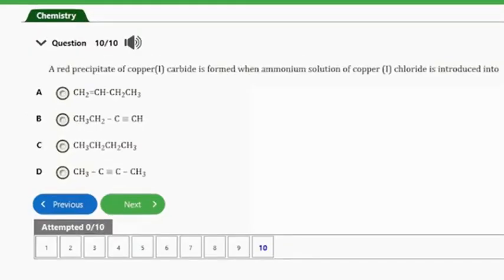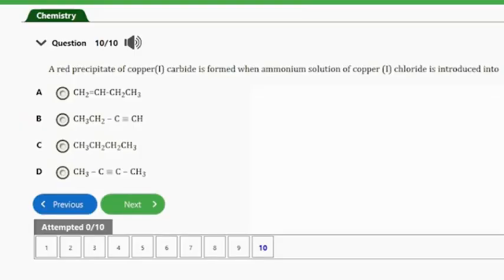A red precipitate of copper 1 carbide is formed when ammonium solution of copper 1 chloride is introduced into. So guys, out of all these options here, option B is the correct answer to this question, and that's because the compound you have here is a terminal alkyne. Being a terminal alkyne means that it has a triple bond at the very last carbon.